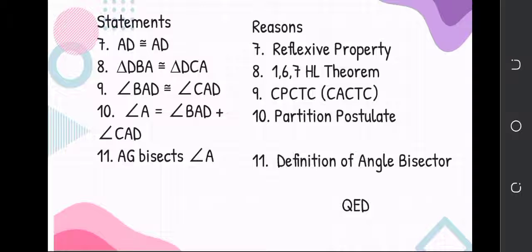We add them, and the reason for this is partition postulate. The parts is equal to the whole. And number 11, of course, AG bisects angle A, and the reason for that is definition of angle bisector, QED.